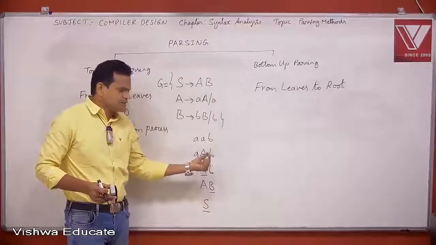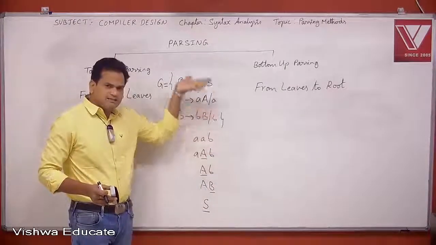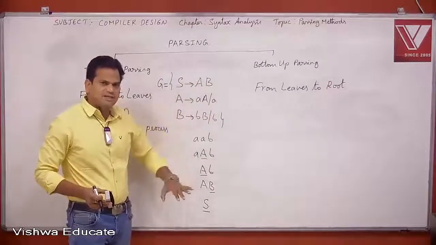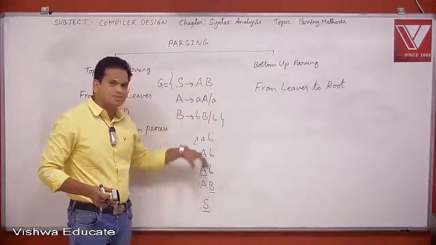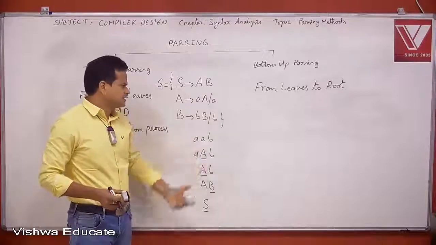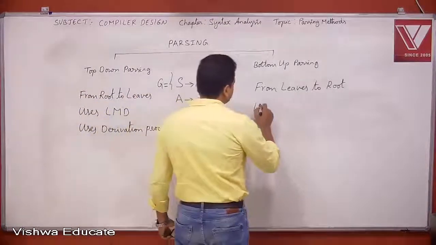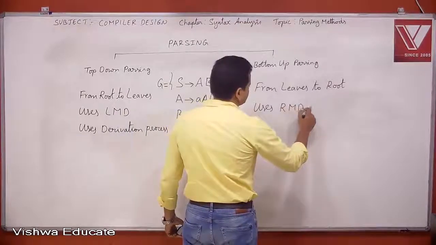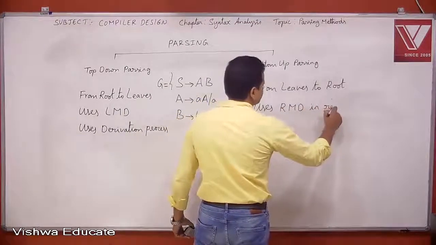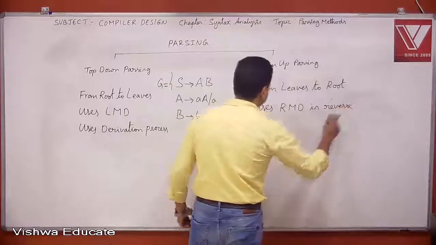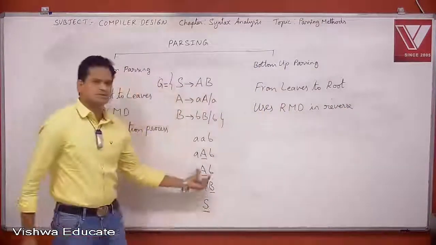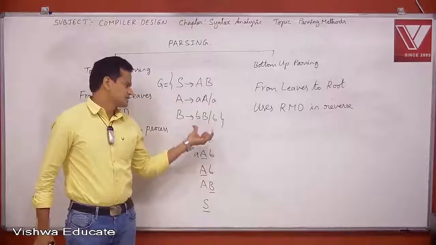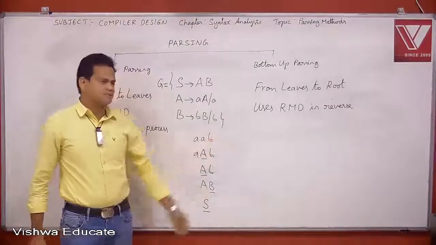In this whole reduction, if you consider in the reverse order, it will be using the rightmost derivation. So this bottom up parsing uses rightmost derivation in reverse order, means from start symbol to string, it will be rightmost derivation.